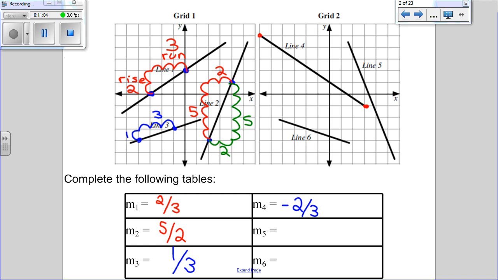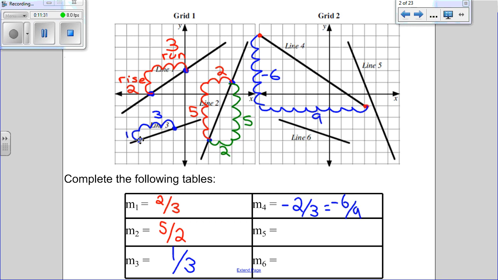What we're going to get is 1, 2, 3, 4, 5, 6, negative 6. 1, 2, 3, 4, 5, 6, 7, 8, 9. That rise over run is negative 6 over 9. Very different than negative 2 over 3.